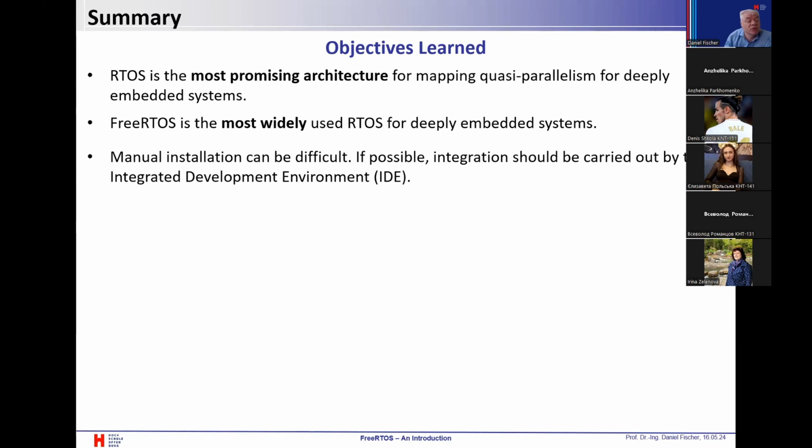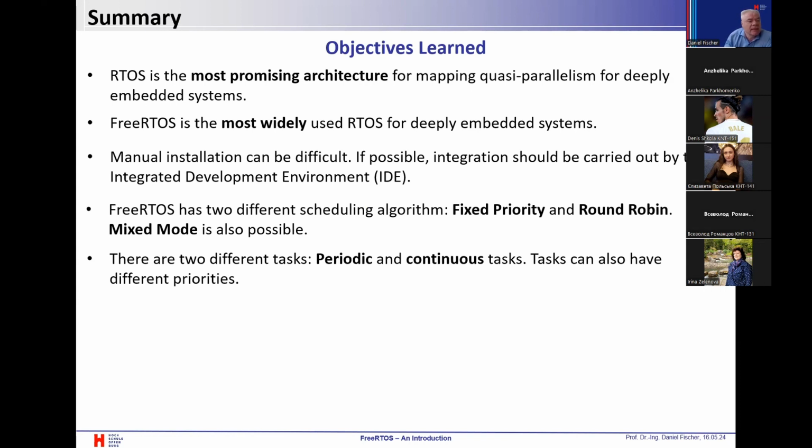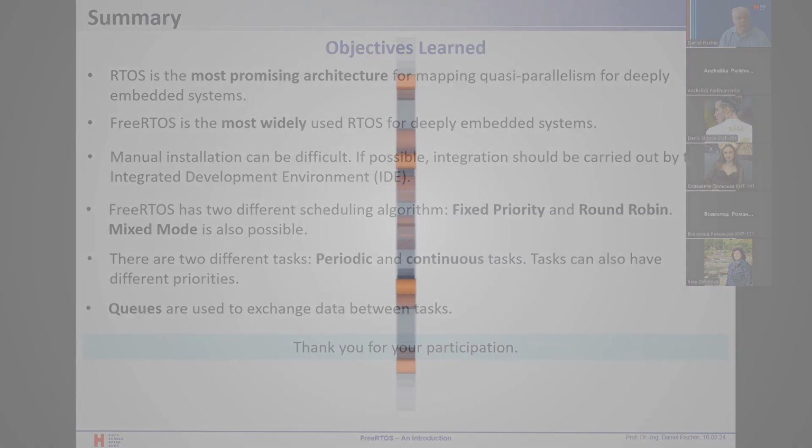If they offer this functionality, use it. We learned something about scheduling algorithms, the fixed priority and the round robin. Also a mixed mode is possible. And there are 2 different task types available, periodic and continuous. We learned something about priorities. And queues are used to exchange data between tasks.